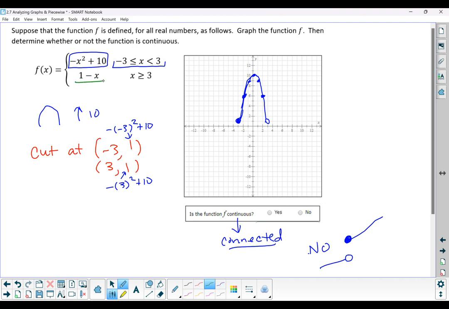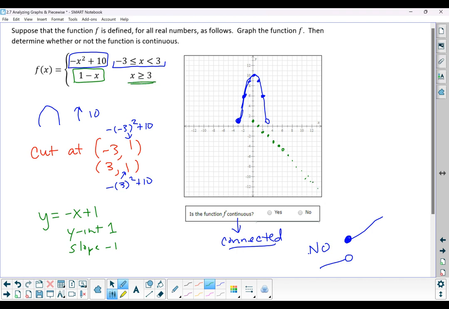The second piece has the equation 1 minus x. Well, that's a line, and you'll maybe recognize it better as a line if we write it in standard form. So this line has a y-intercept of 1 and a slope of -1. The y-intercept of 1 is here, and the slope is that it's going down by 1 step. We obviously don't want to keep the whole line, just a portion of it.